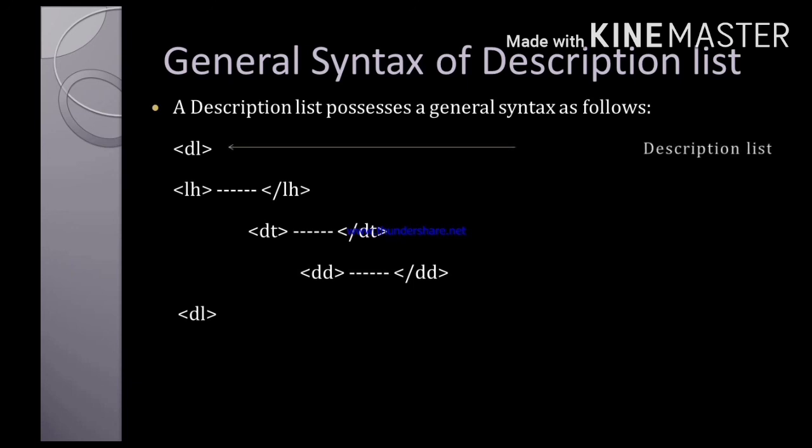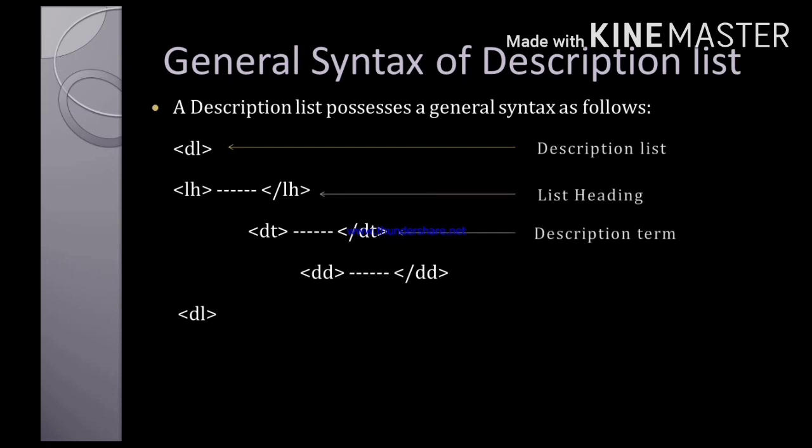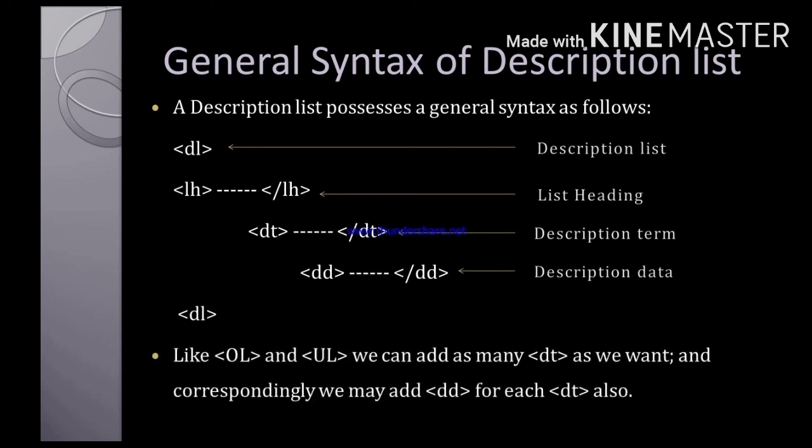Here dl is a description list, lh is a list heading, dt is definition term, dd is definition data or description data. Like ol and ul, we can add as many dt as we want, and correspondingly we may add as many dd for each dt also.